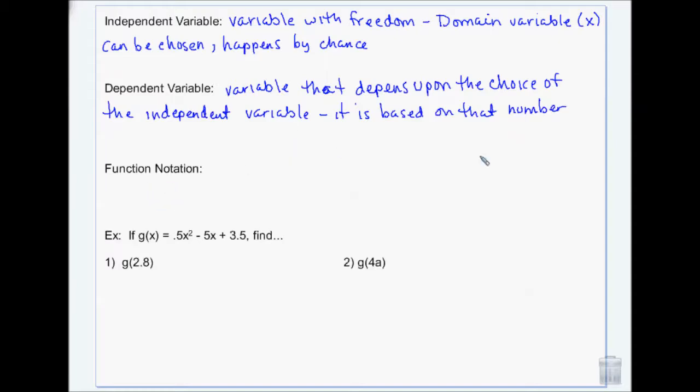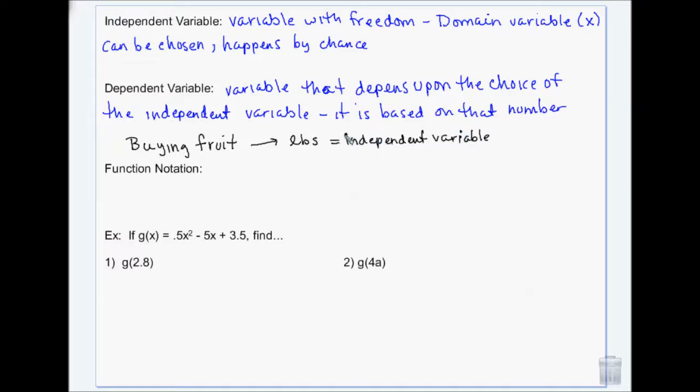So, for example, let's say you're buying fruit. And we buy fruit by the pound, right? Well, the number of pounds you buy is the independent variable. You get to pick that.